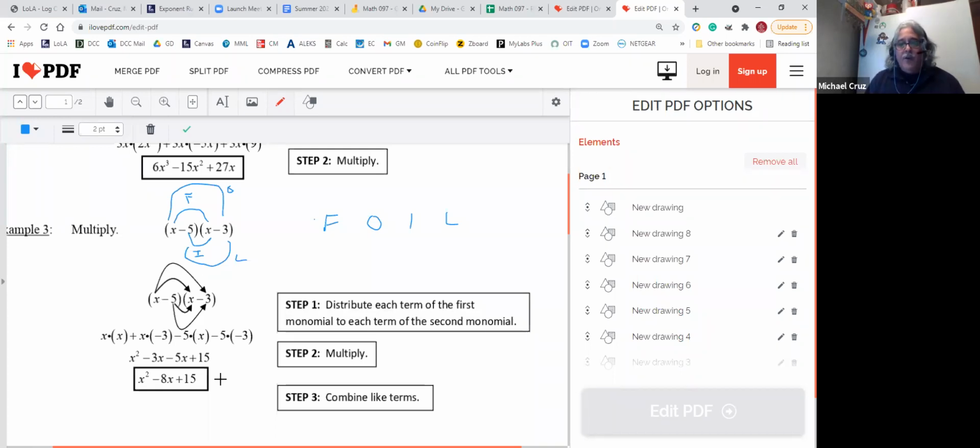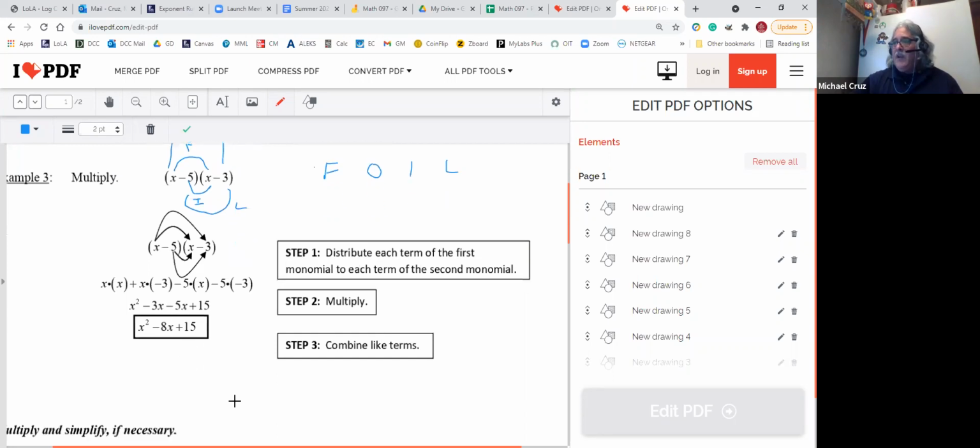Now, generally, when you do this FOIL stuff, what you end up having is the two terms in the middle are going to be the like terms, so you collect those in the middle. Negative 3x and negative 5x give you the negative 8x, and you're finished.